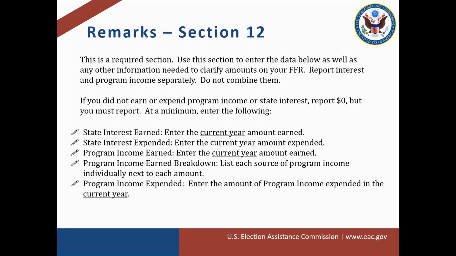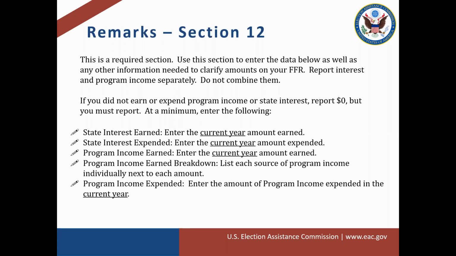So what we're doing is we're breaking down what you've reported up in the form section into the current year view. So everything so far we've said to you on repeat has been cumulative from the start of the grant. This remarks section focuses on current year. When we say current year, we're talking about the current fiscal year for which you are reporting.